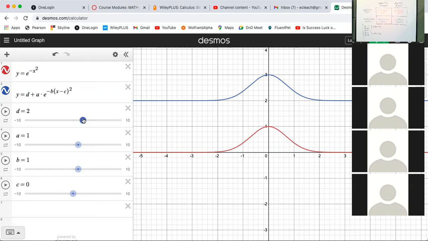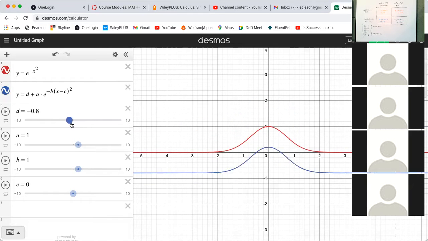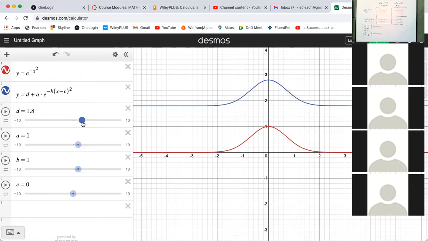Changing the value of the constant added after the function moves the graph up and down. There's been no stretching, it's maintaining its shape. A shift maintains a shape and just moves the graph up and down.